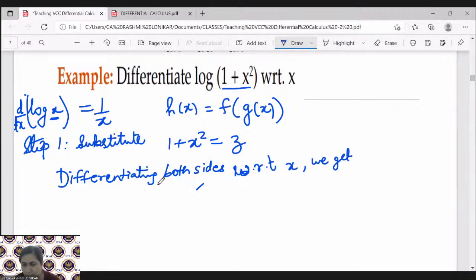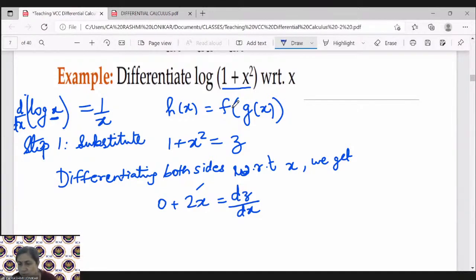What do I get? What is the derivative of 1? 0 plus, what is the derivative of x square? It will be 2x. So 2x is equal to dz upon dx. Okay. So I found that dz upon dx is equal to 2x.